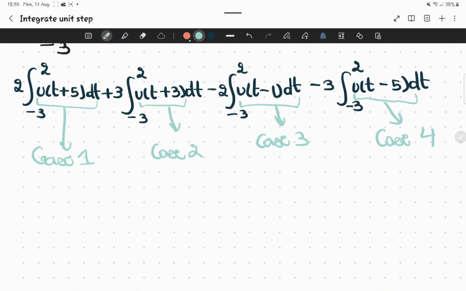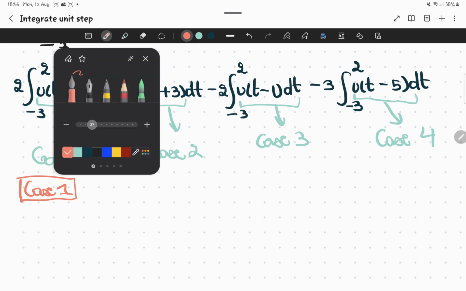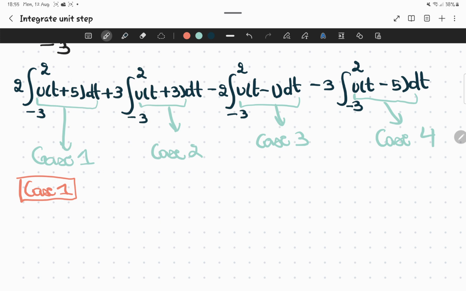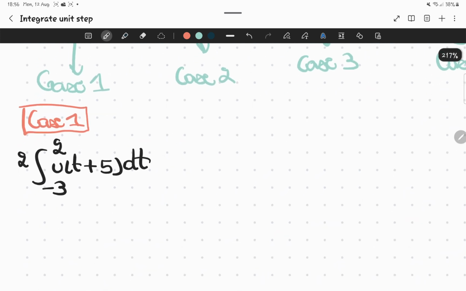Let's start with case 1. Write down this integral here: u(t) plus 5 dt.